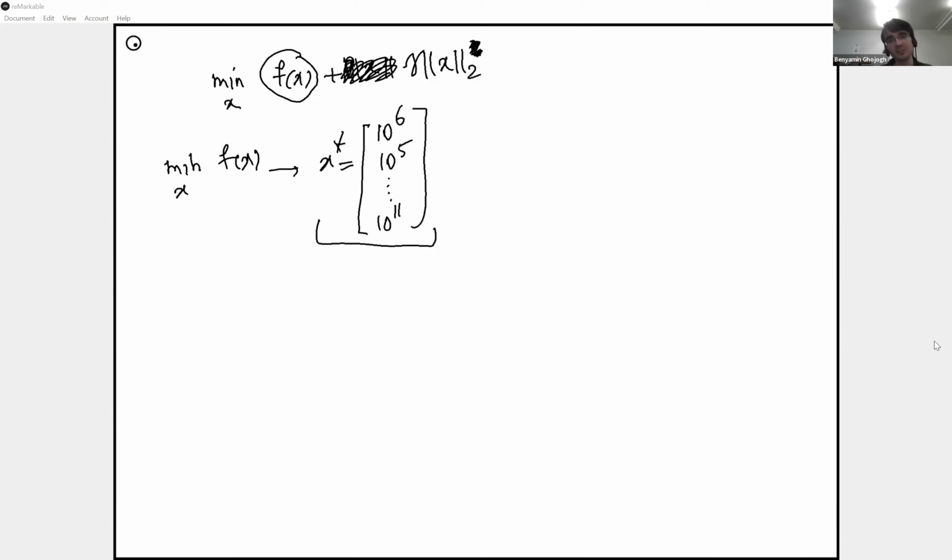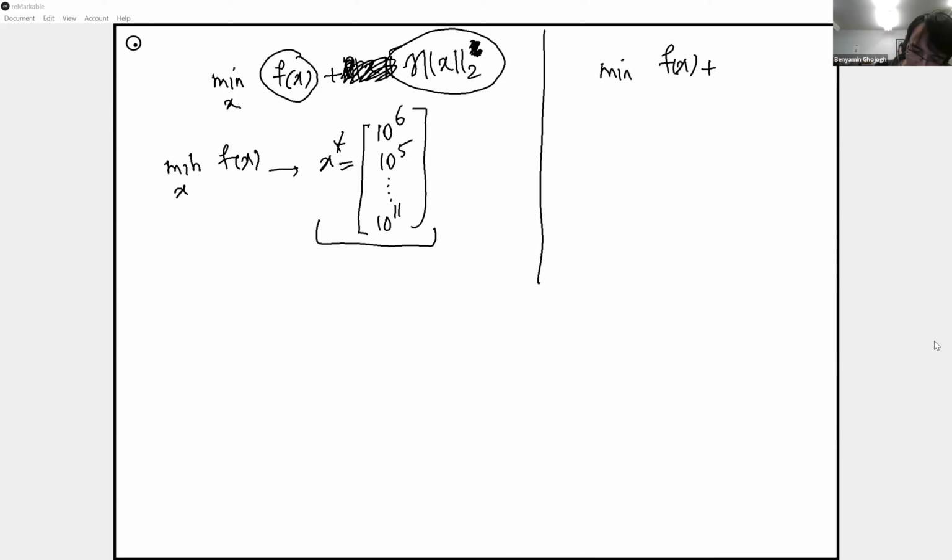In practice, it doesn't make sense to have such a large x. Then you add a regularization term. You say, okay, find an optimal value, but I don't want it to blow up. Therefore, you can say this, so this is penalizing its L2 norm, its length.